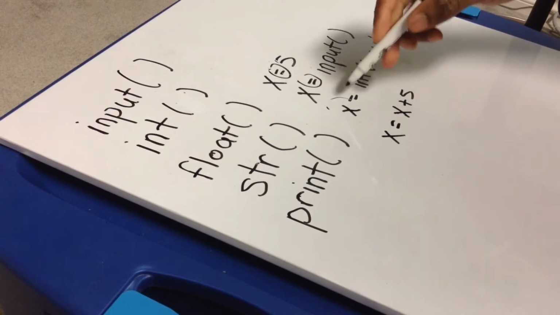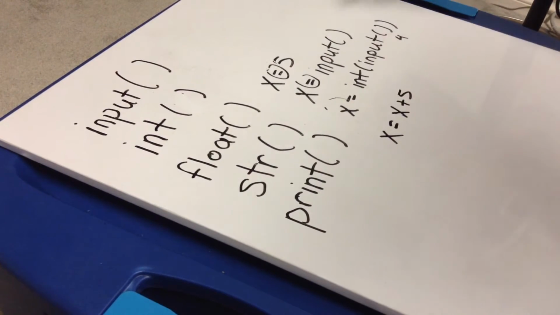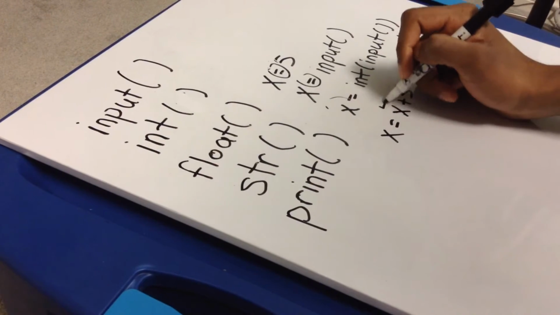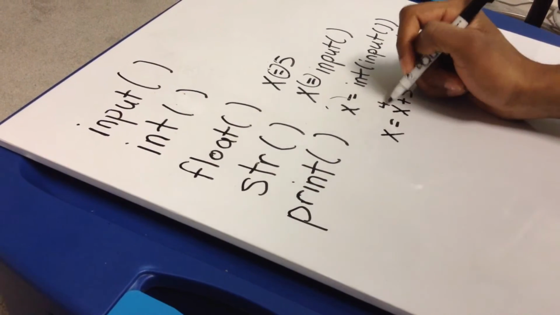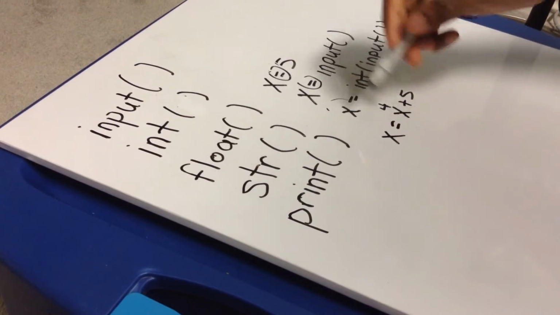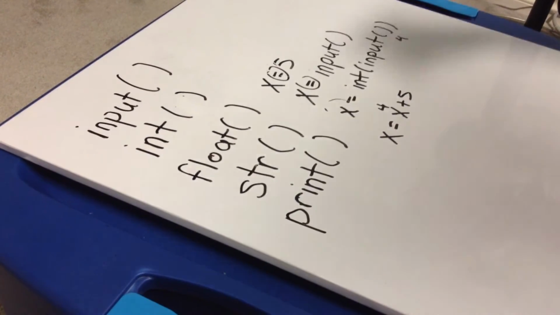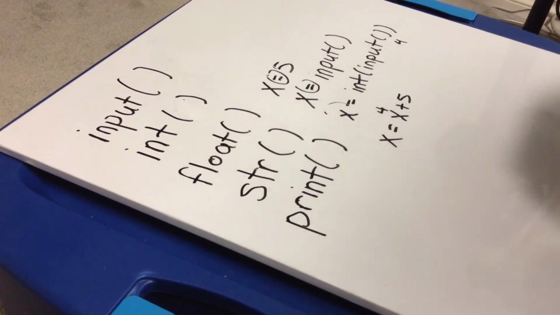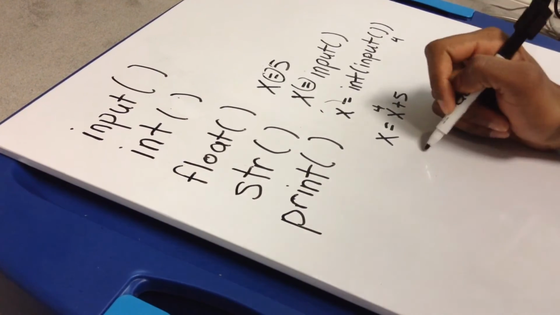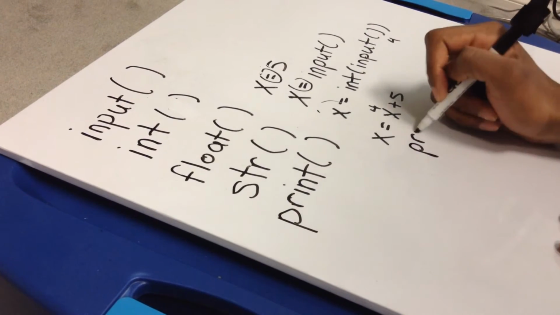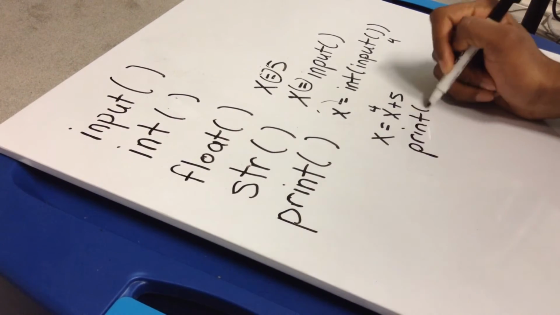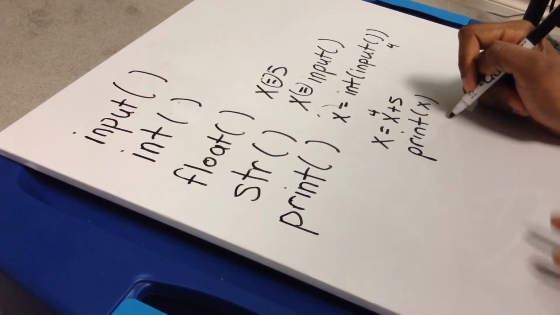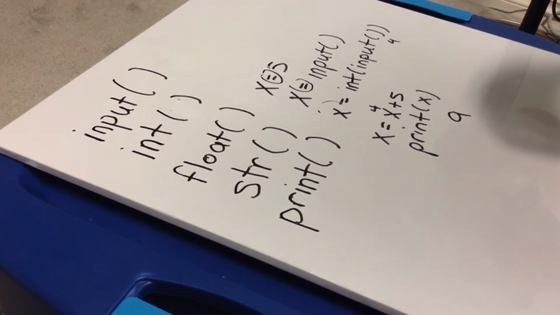Alright? So you entered 4, so 4 comes in here, and now it's 5, so x equals 9, sorry. Alright? Now Python's not going to print anything out. So what you do here is use the print function, so print x. And indeed enough, it will print out 9. That'll be your displayed result.